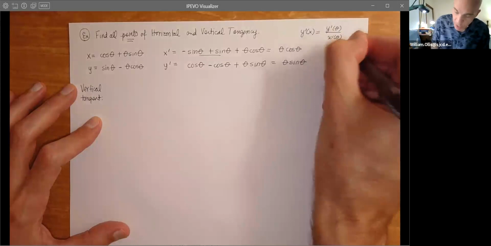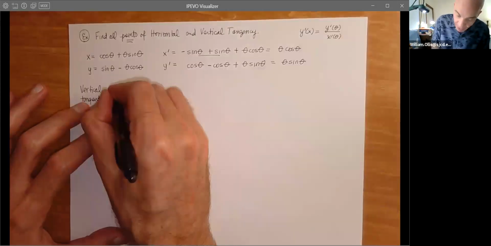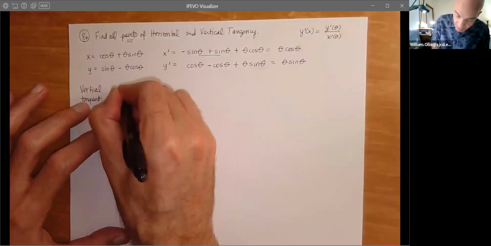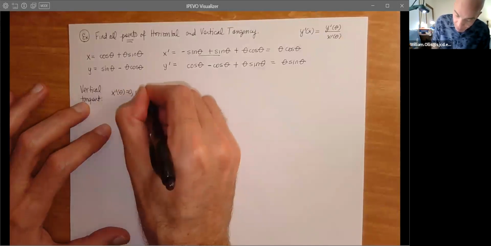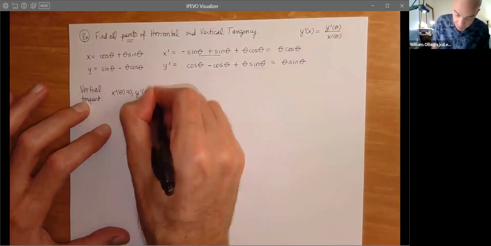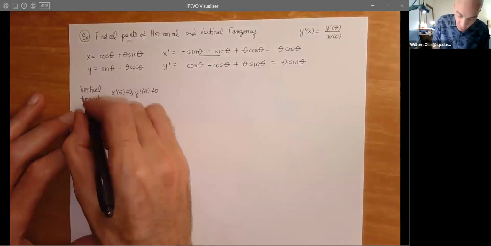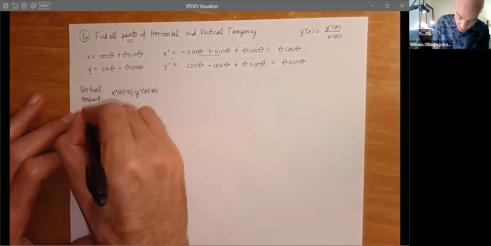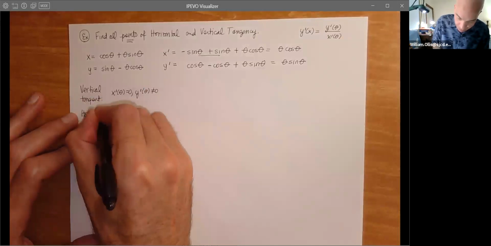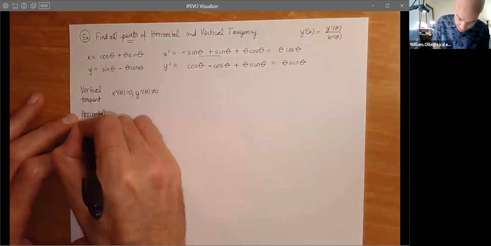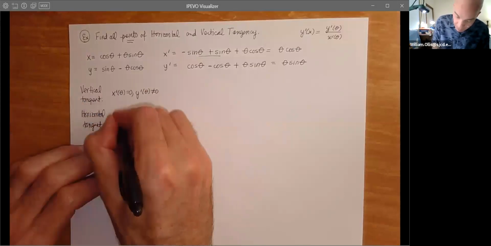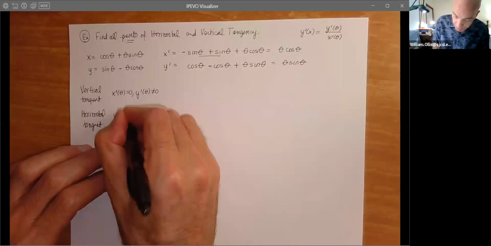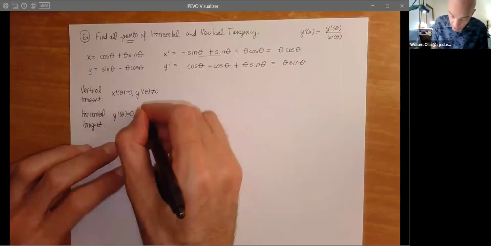So in this case, for the vertical, we have x prime of theta equals 0 and y prime of theta is non-zero. And then for the horizontal, y prime of theta is 0, and x prime is non-zero.